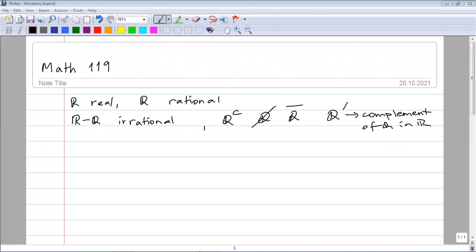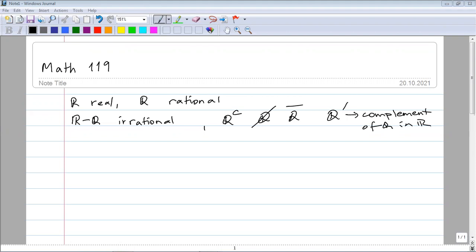Today I'm going to continue with the preliminaries, with the review. Last time we talked about properties of absolute value.